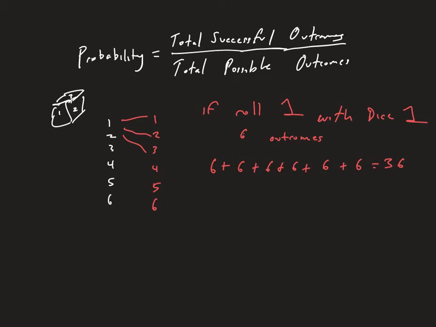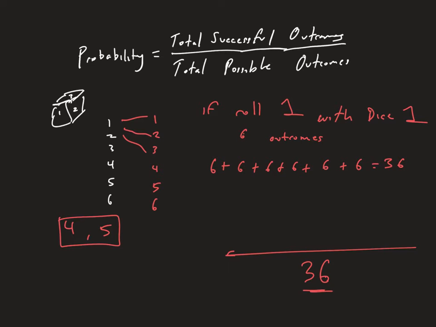Or a faster way to do that would have just been 6 times 6, because we have 6 numbers on the first dice, 6 numbers on the second dice. So we have 6 times 6 total possibilities. So our fraction bar, 36, is going to be on the bottom. There's 36 different sums that we can get. We could get a 4 on the first dice and a 5 on the second. That's one possible, one out of these 36 possibilities.